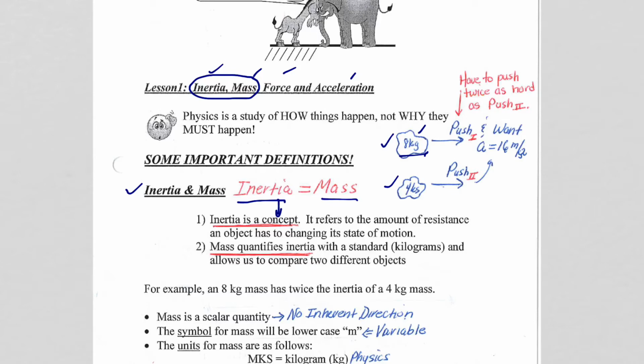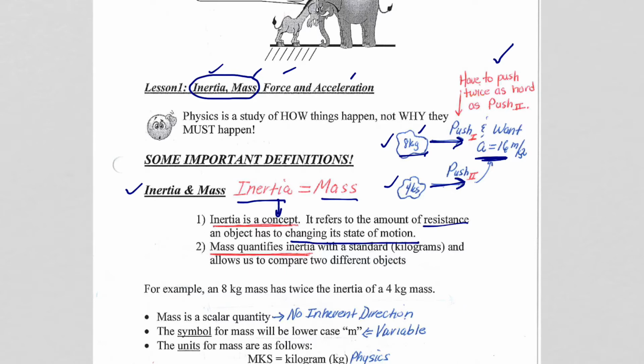So if I give them both a push to the right, and I want them both to have an acceleration of 16 meters per second squared, we will see that you have to push twice as hard on the 8 kilogram mass because it has twice the inertia, twice the resistance to changing its state of motion.